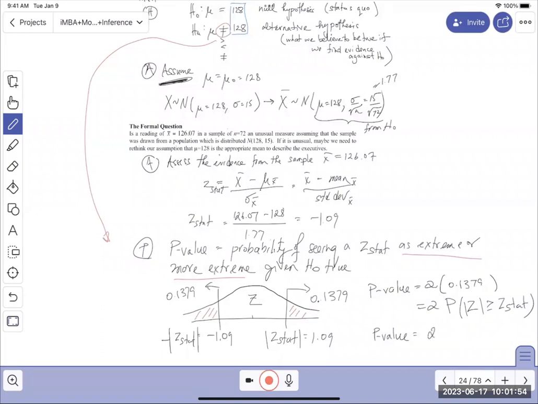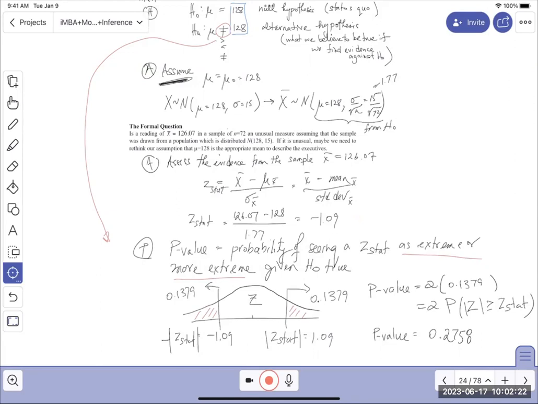What does it mean? So what does this number mean? It means that the chance, so we found out that the result that we got is 1 standard deviation below what we expected. And that's not strange.